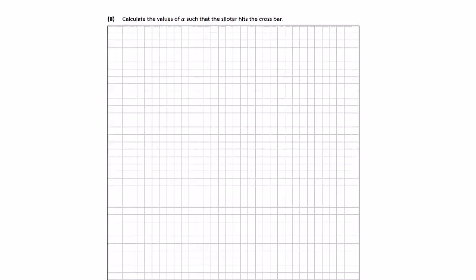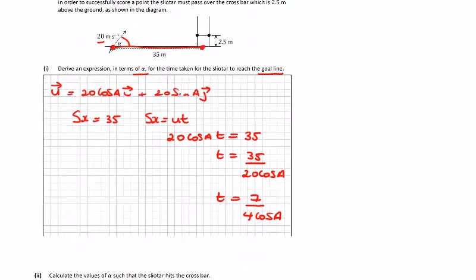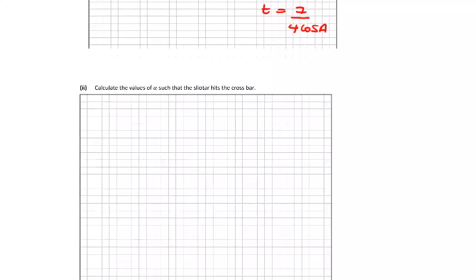We're asked to calculate the values of alpha such that the sliotar hits the crossbar. How high above the ground? 2.5 meters, and it's the same distance in the x direction, so we have the time. So the displacement in the y or j direction is 2.5.